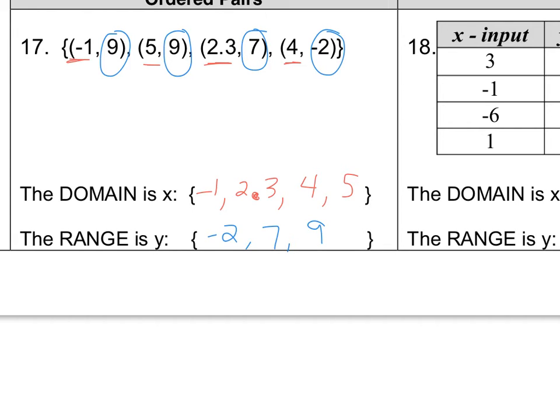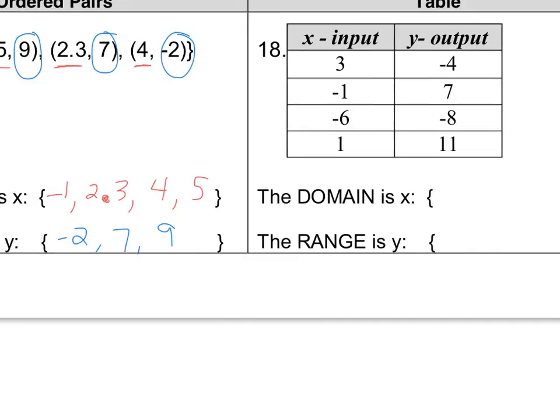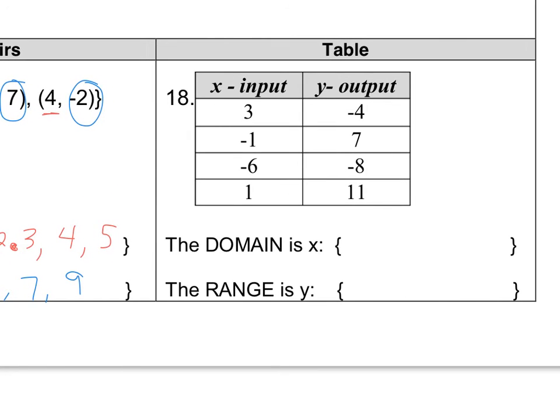Okay, so now let's do number 18. And in a table, it's even easier. We're just going to put all of our X values, that's our domain. So in numerical order, we've got a -6, a -1, a 1, and a 3.